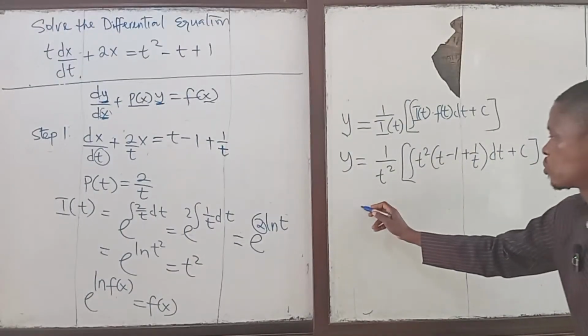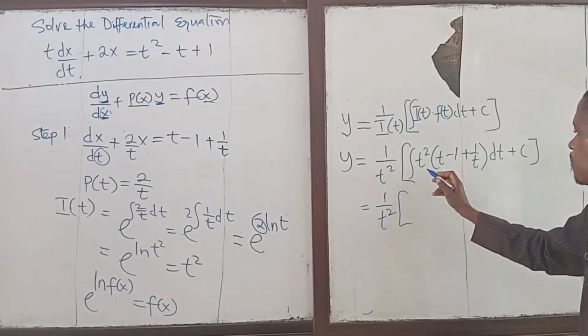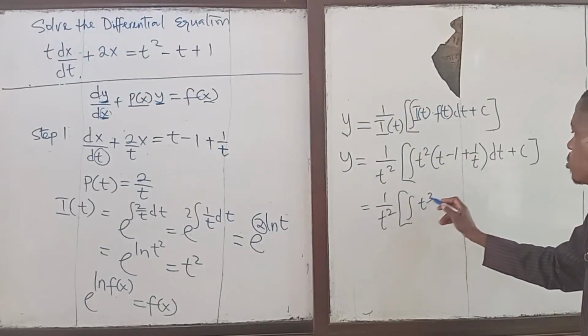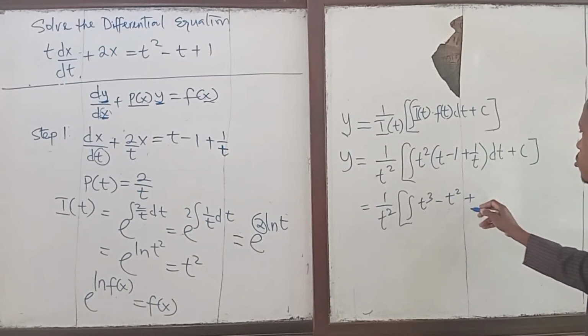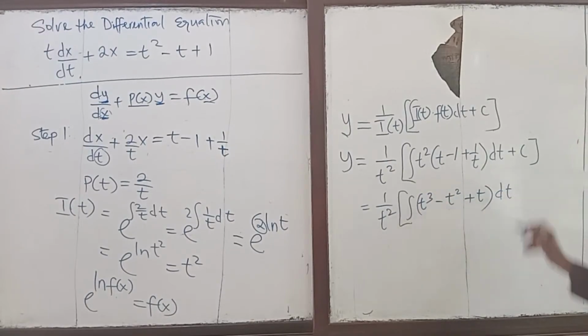Then we have 1 over t squared. Can we open the brackets? This one times this one, that's t cubed. This one times this one, minus t squared, and then plus t, and then plus c.